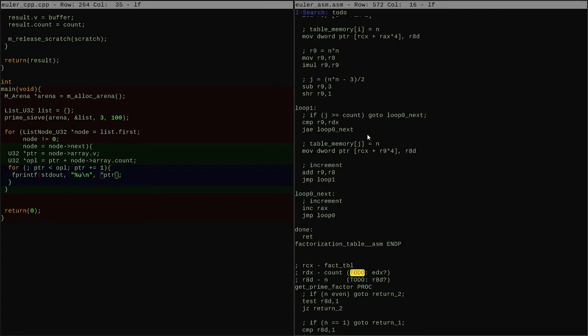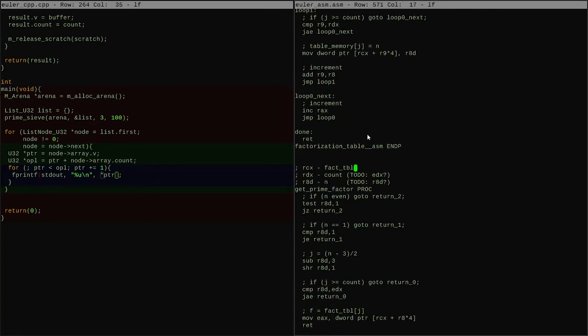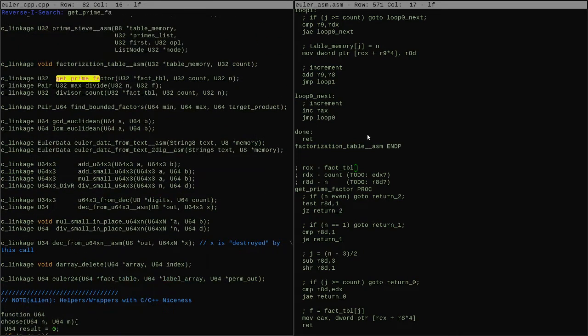Okay. So let's see, get prime factor. What are the types here?